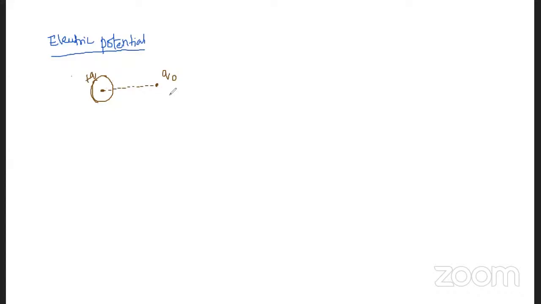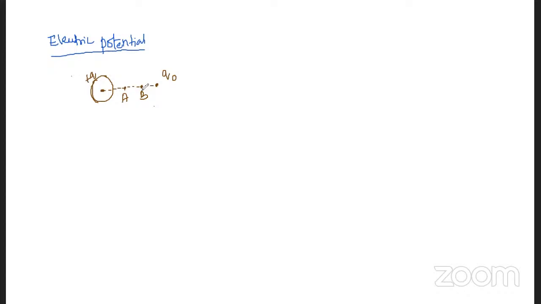If you are moving this charge Q naught by an external agent along this line, from this point B to this point A, within the electric field, you have to do some work against the force of repulsion.